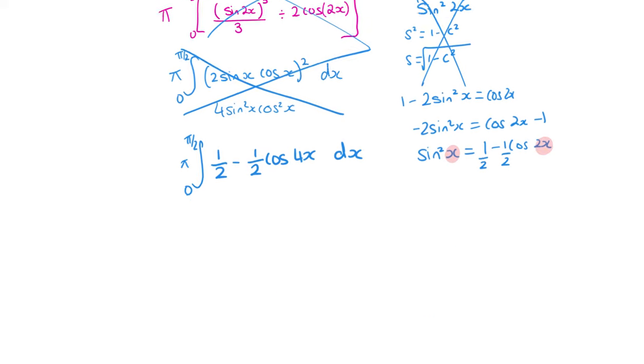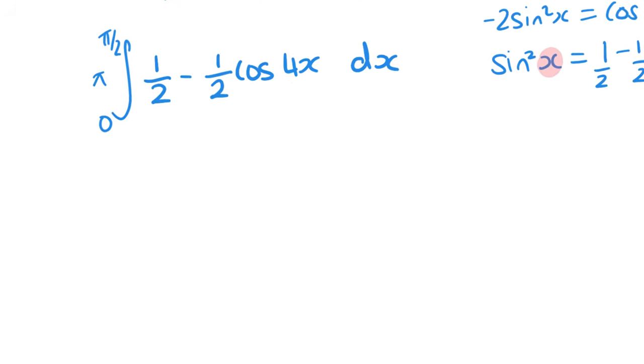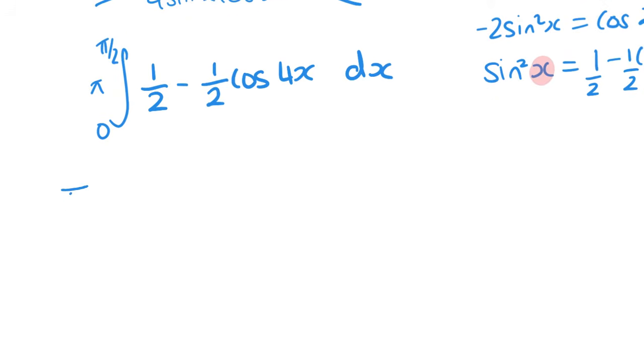So now, let's start integrating this. So we're going to have pi multiplied by. Are we ready? What's the integral of a half? Half x. What's the integral of minus a half cos 4x? So sine, cos, minus sine, minus cos.